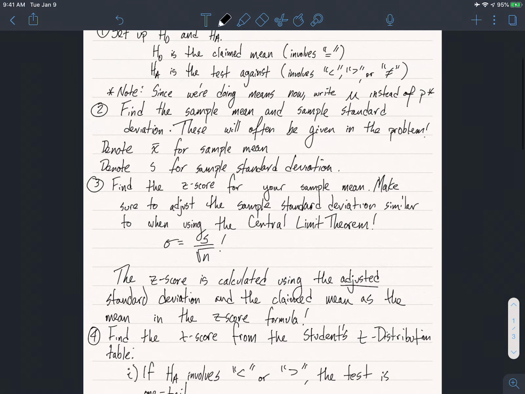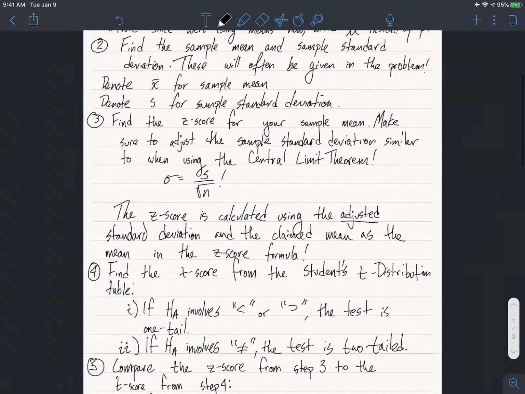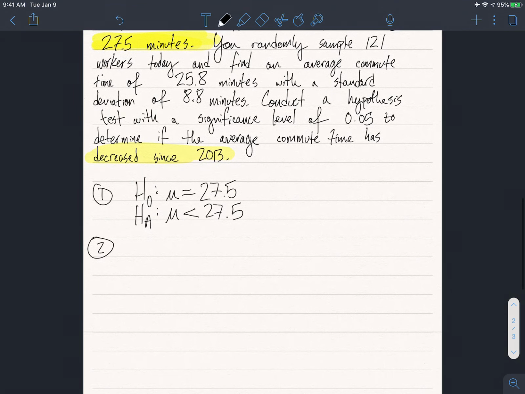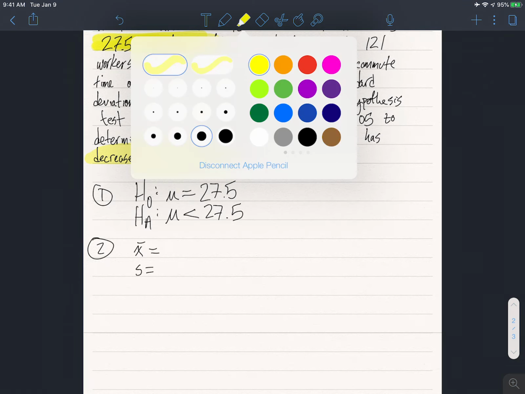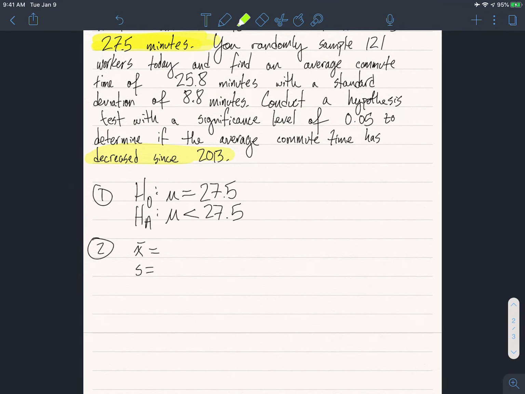Step 2 then, find the sample mean and sample standard deviation. These will often be given in the problem. So what is our sample mean and sample standard deviation? And are they given in the problem? Yes. You find an average commute time of 25.8 minutes with a standard deviation of 8.8.